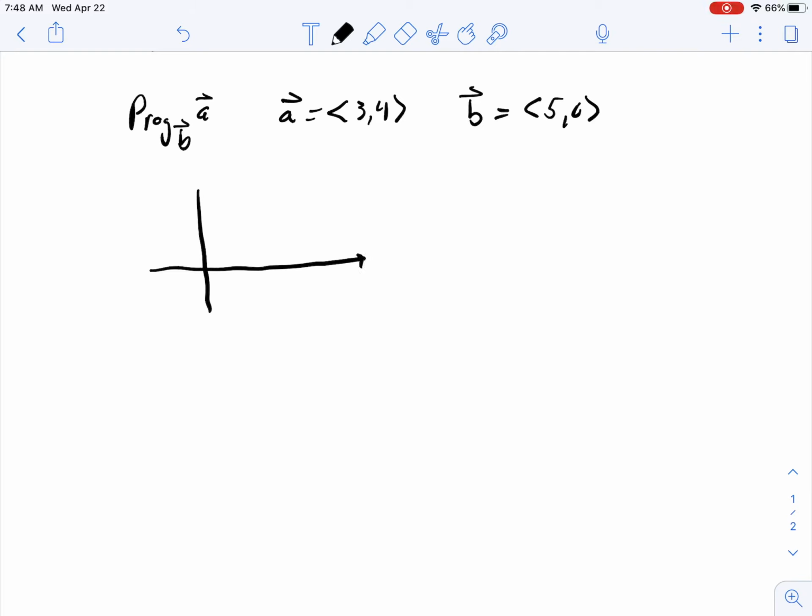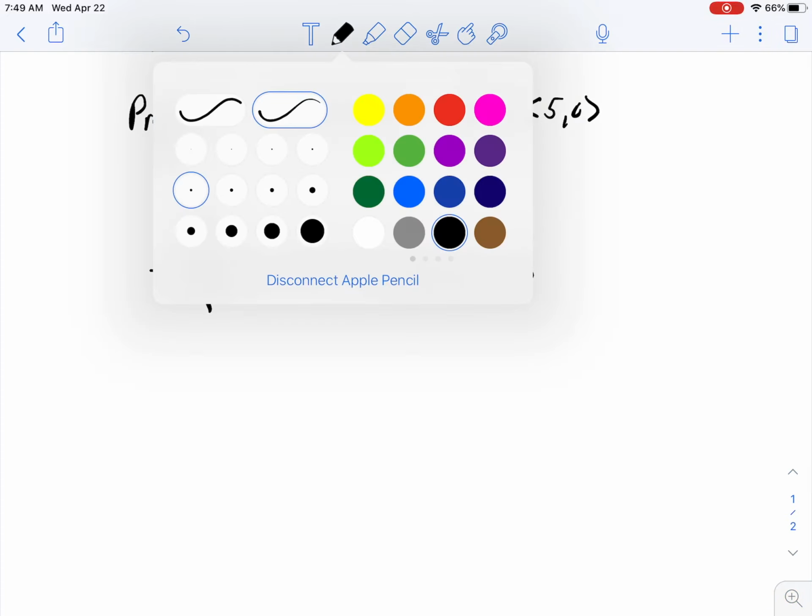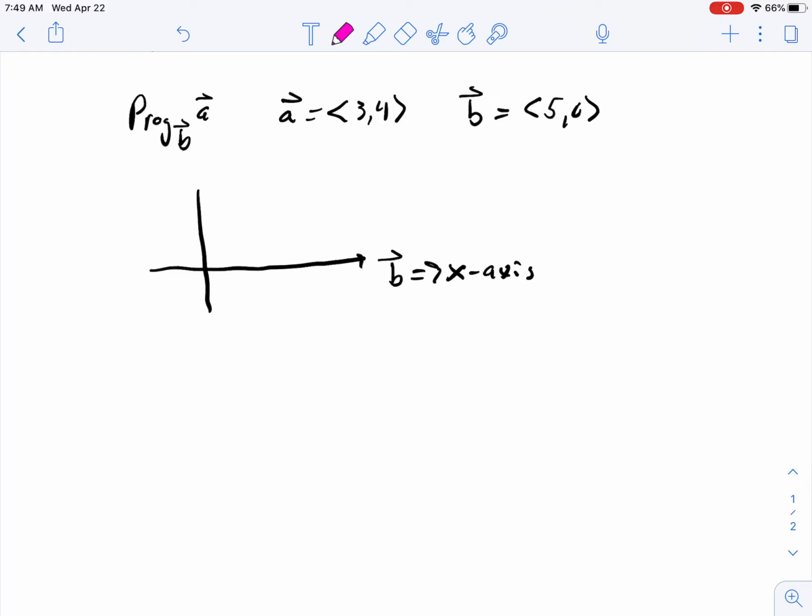Now, if we graph this out, obviously you can see that our B component already is our x-axis, but I just want to do it so you can see how this works. Okay, so if I graph out A, our A component is 3, 4.